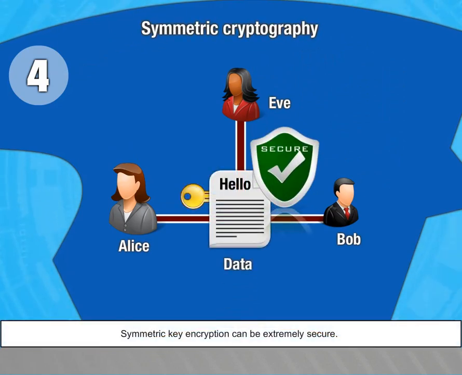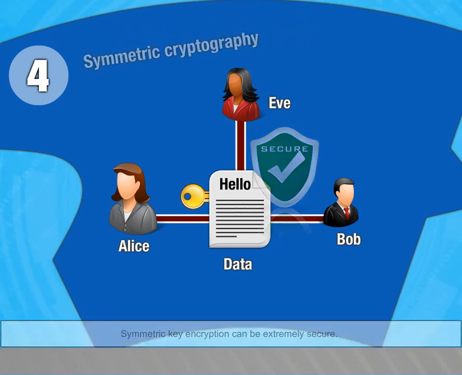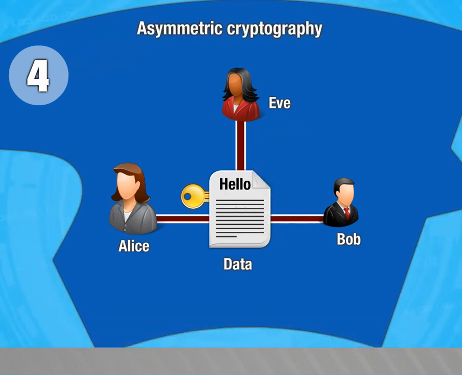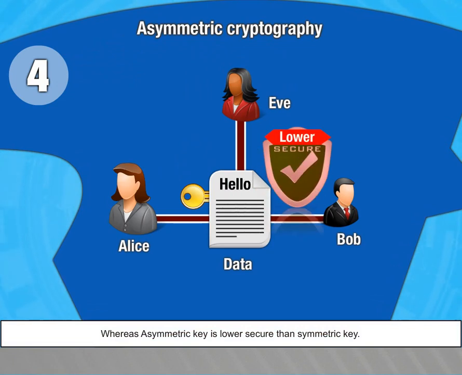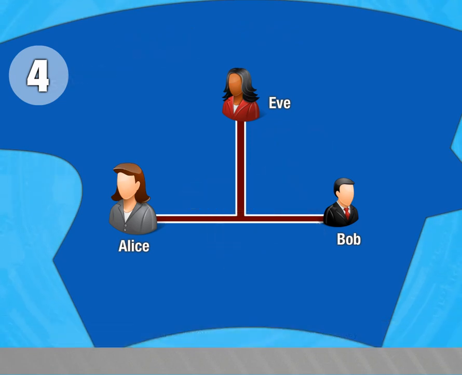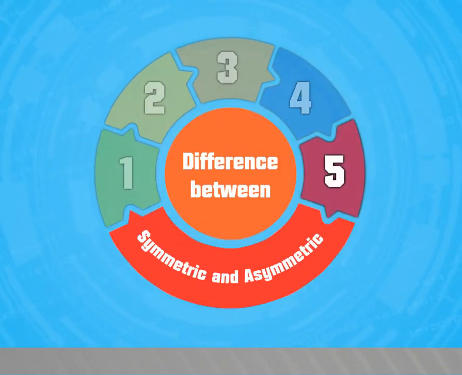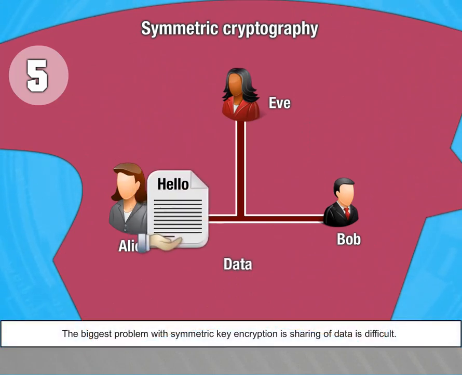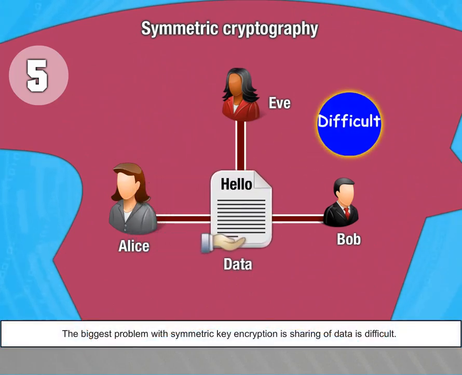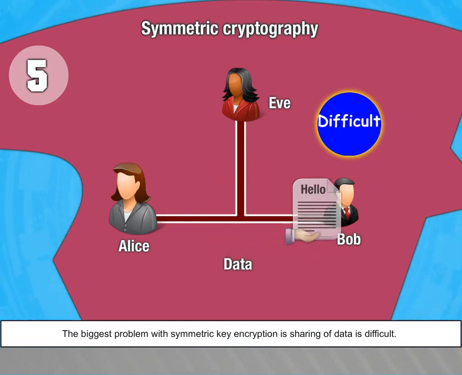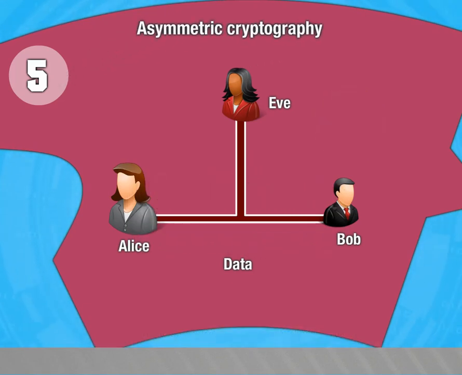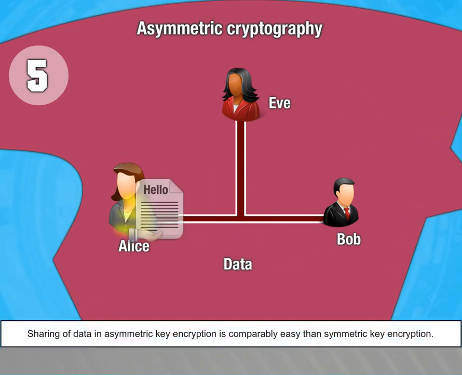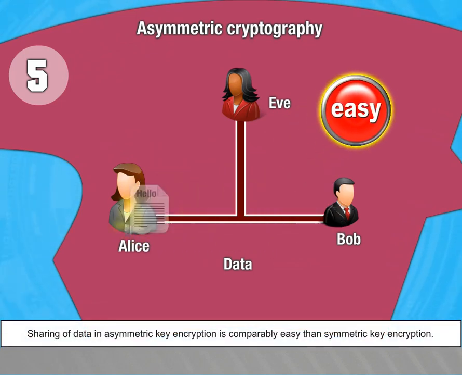Symmetric key encryption can be extremely secure, whereas asymmetric key is less secure than symmetric key. The biggest problem with symmetric key encryption is that sharing of data is difficult. Sharing of data in asymmetric key encryption is comparably easier than symmetric key encryption.